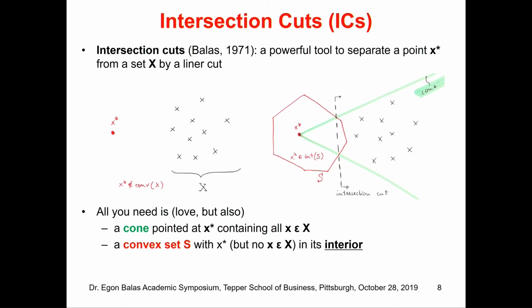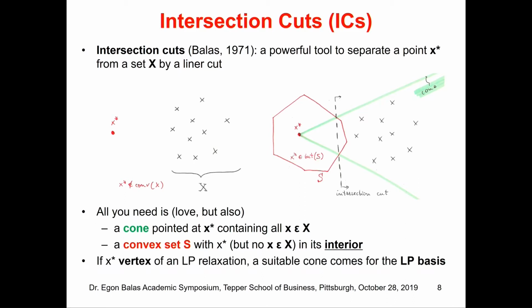So feasible points can be part of this closed convex set, but only on the border, on the frontier. Now, once you have this stuff, then by using some geometrical argument, you can easily derive a linear cut that makes the job, that separates the two.